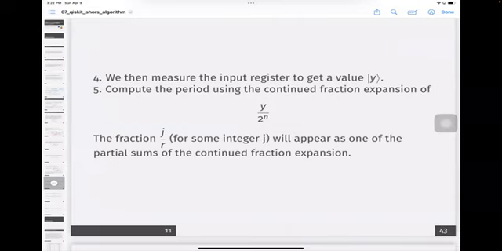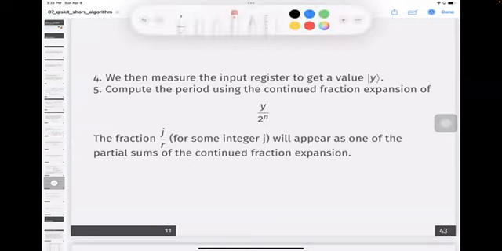Whatever the value of y that you get, you just have to compute the continued fraction expansion of y over 2 to the n. Eventually you will get a fraction j over r, which will appear as one of the partial sums of the continued fraction expansion. We covered this continued fraction expansion in one of the lectures. You can go back to that lecture and review it.